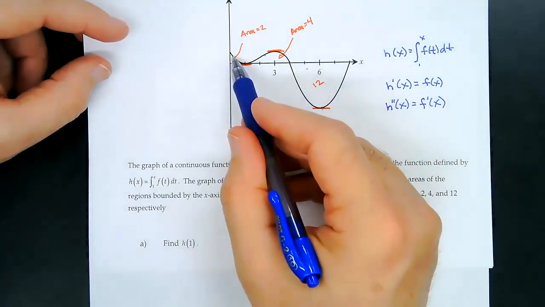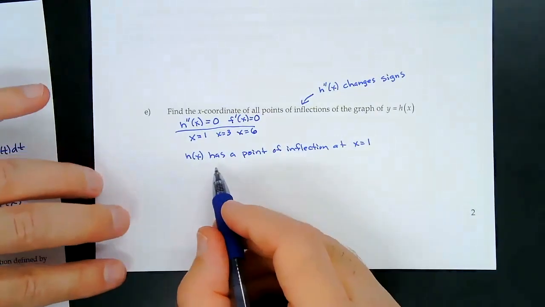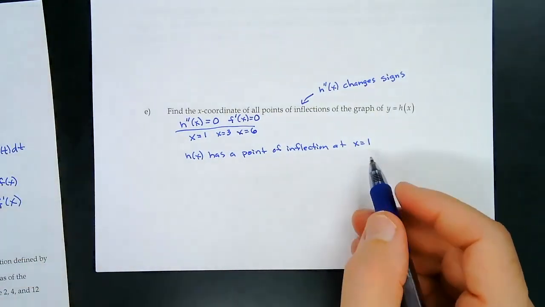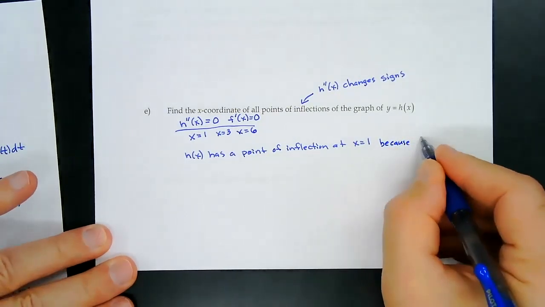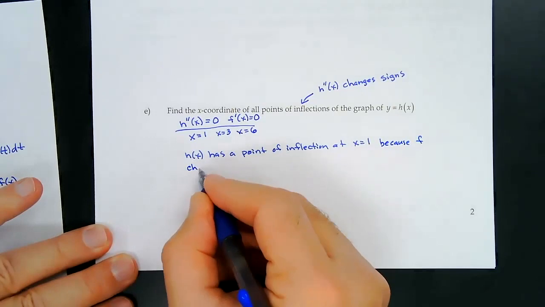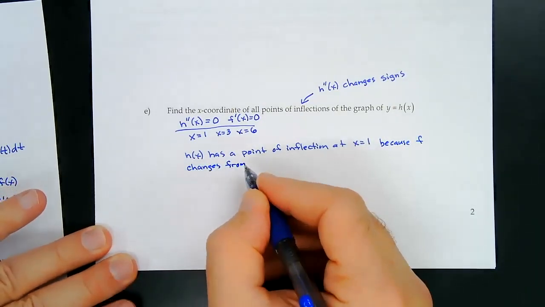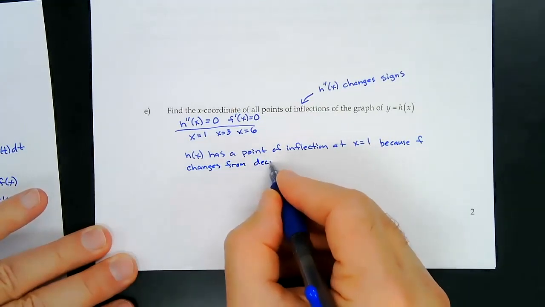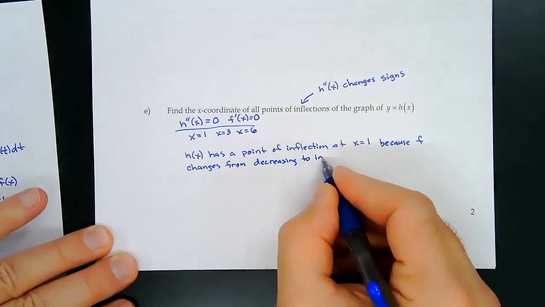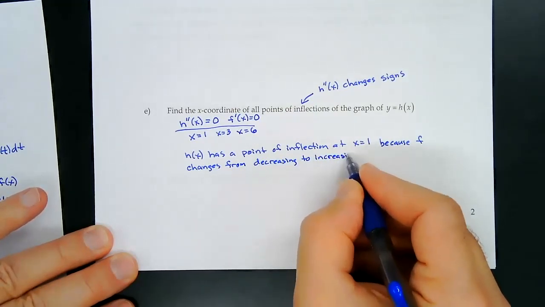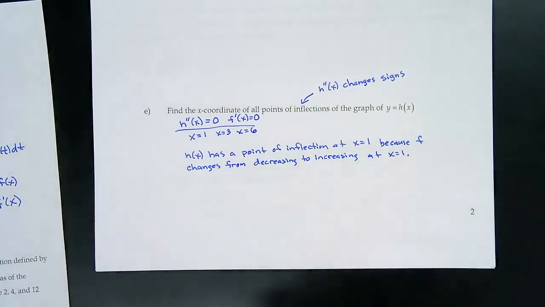It's because f is changing from decreasing to increasing. So h of x has a point of inflection at x equals 1 because f changes from decreasing to increasing at x equals 1.